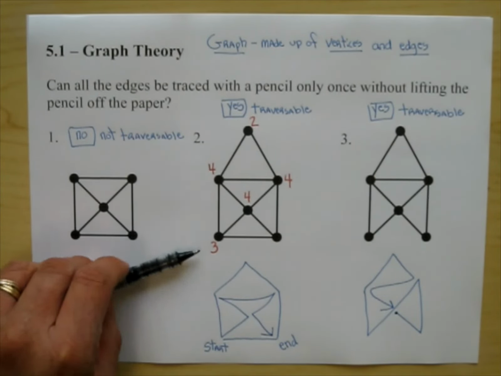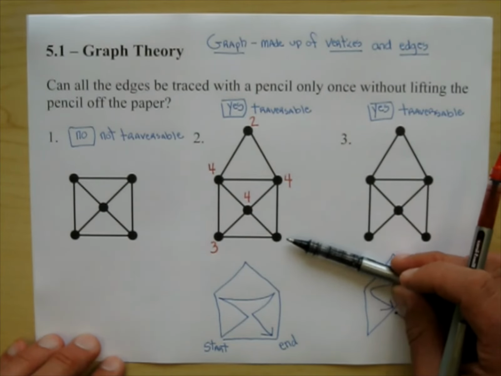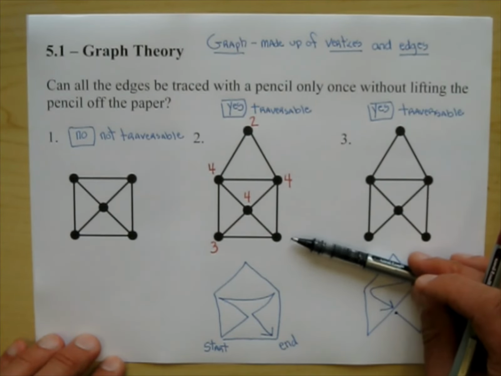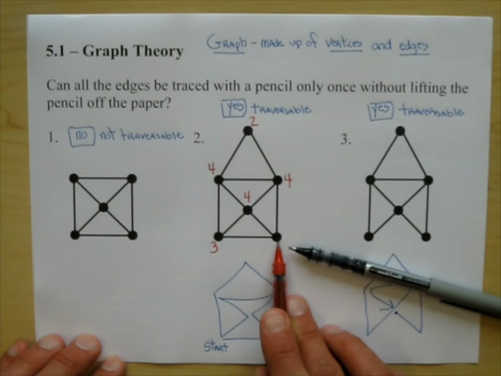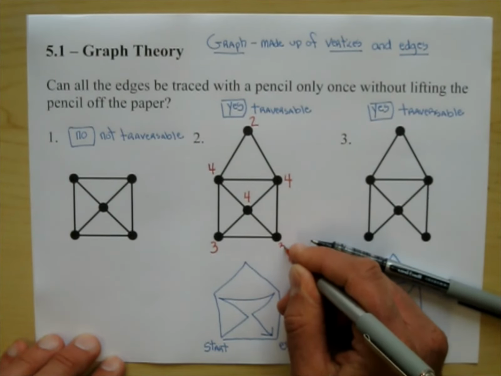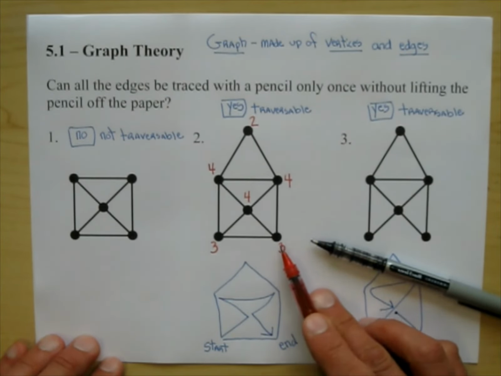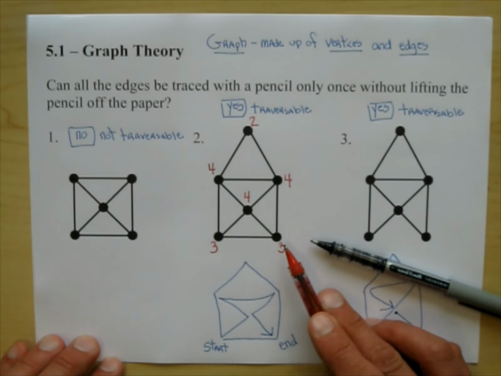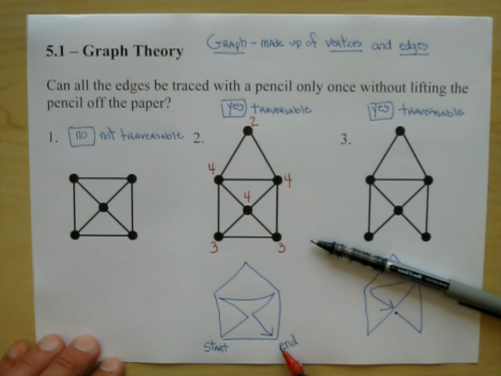Now let's look at our end point, which is this one right here. How many edges are coming out of that vertex? Well, 1, 2, 3. So I'm going to label that 3. Now this one's an odd number because you arrived in this city 2 times, and you only left it 1 time. And the reason why you arrived 2 times is because the last thing you did is you arrived to that city.